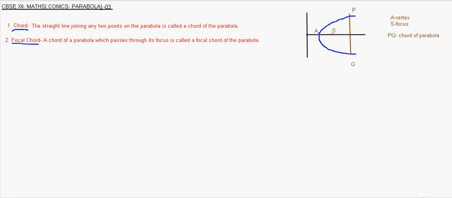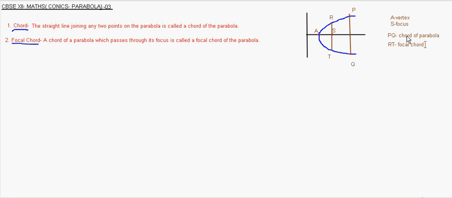And say if there is a line which is passing between the focus, say giving it the name as R and T, then we can say that RT is known as the focal chord.